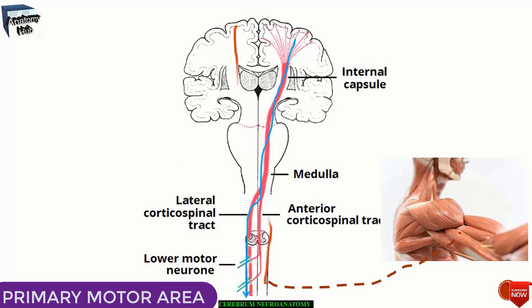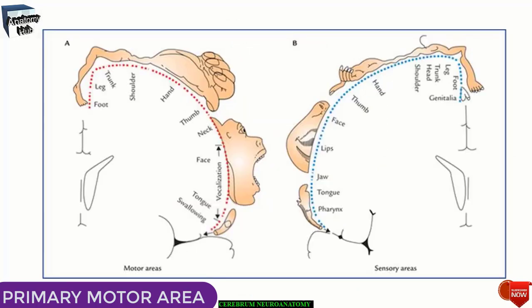Although the cortical area controlling the musculature of the body is mainly contralateral, there is significant bilateral control of the muscles of the upper part of the face, tongue, genioglossus, mandible, larynx, pharynx, and axial musculature.